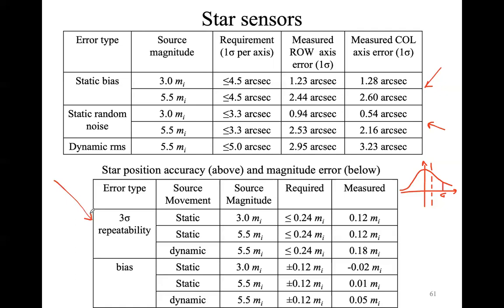So usually you constrain your stars to be, for example, with the magnitude of 3 or 5. In order to be able to determine the stars that you need, you can have also an error in the magnitude. So when you want to determine if a star is within that range of magnitude, you can have an error of 0.12.